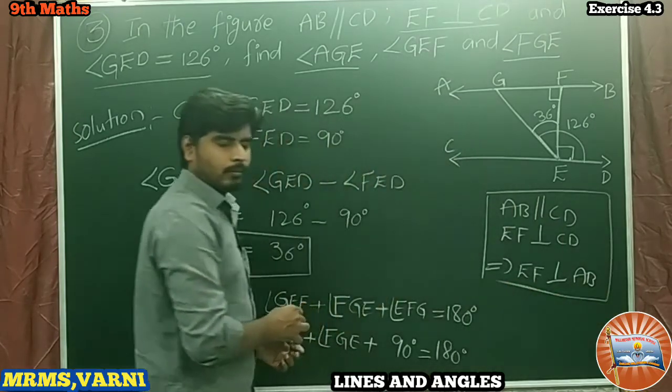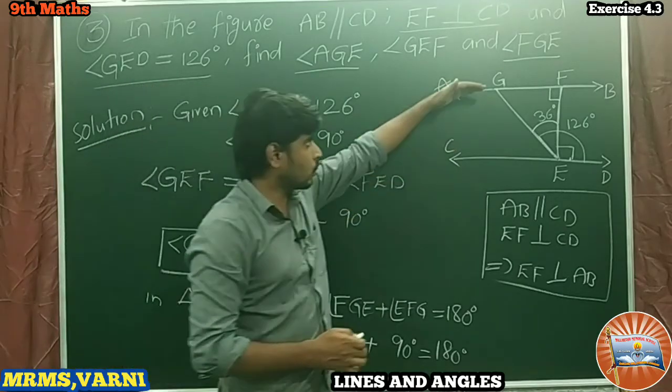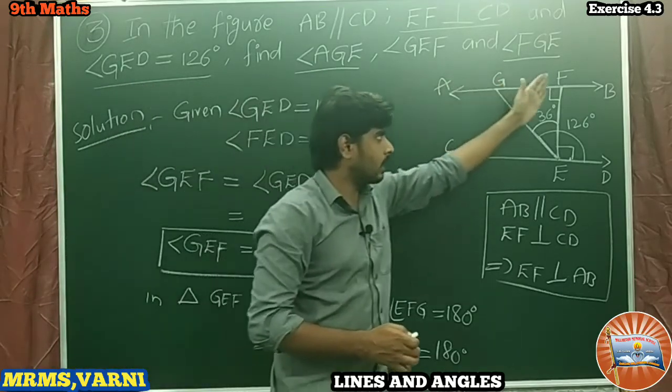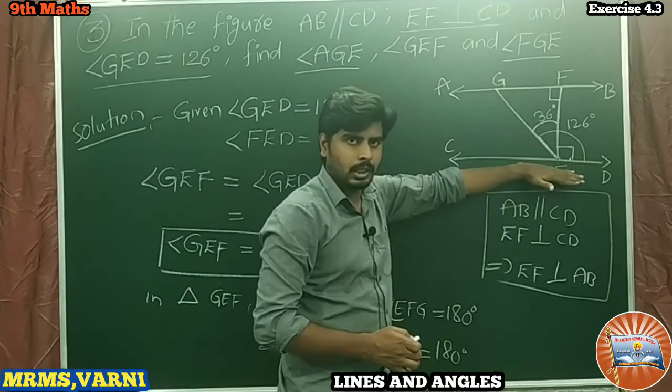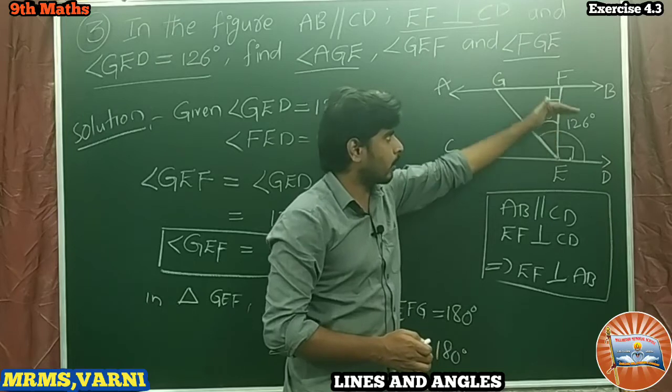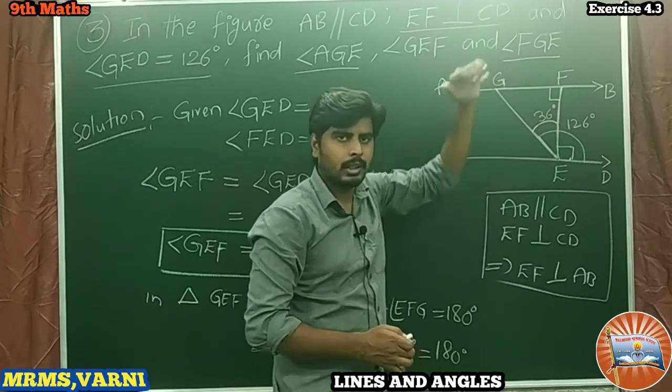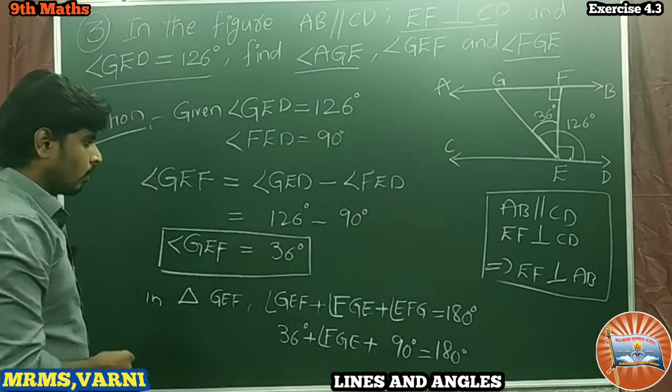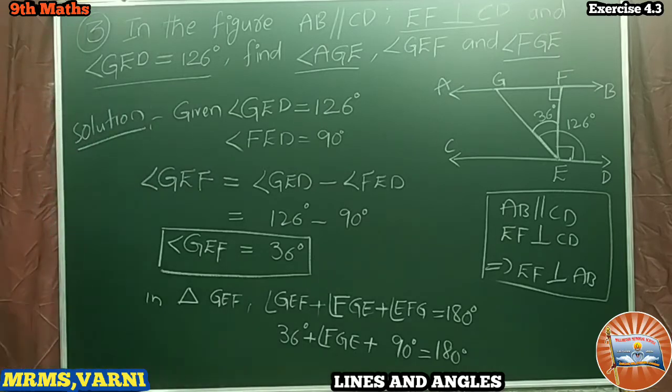These two lines are parallel and this line is perpendicular to CD. Due to the parallelism, this line is also perpendicular to AB. Now we have to simplify.